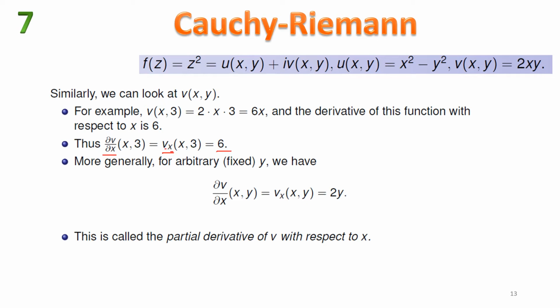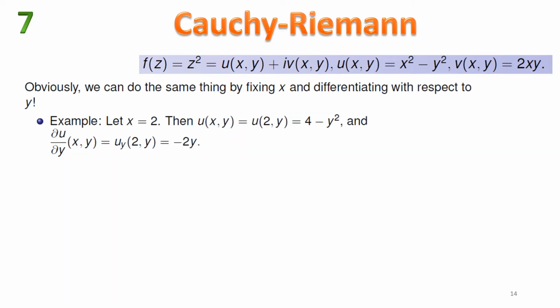So a more generalized notation for this, del v by del x, where v is a function of x and y, I can write as v suffix x, which is again a function of x and y, and the derivative is 2y. So when I differentiate with respect to x, y is to be treated as constant, and when I differentiate with respect to y, x is to be treated as constant. This is the definition of the partial derivative of v with respect to x, nothing else.